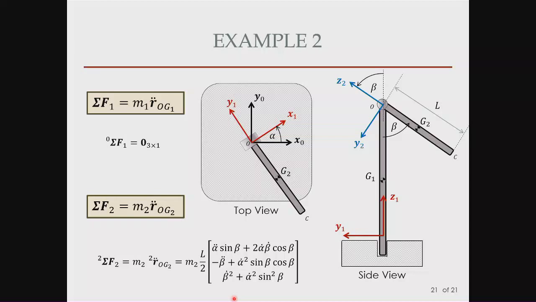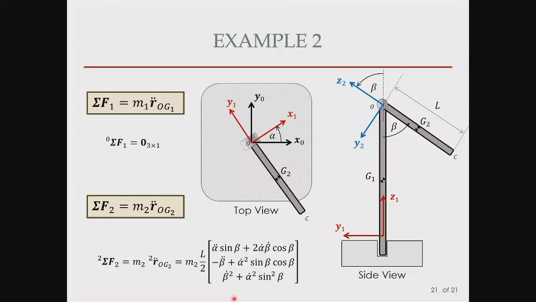We defined this P. We looked at P for a rigid body as the mass of the rigid body times the absolute linear velocity of the center of mass of that rigid body. So we defined linear momentum and we did this equation.